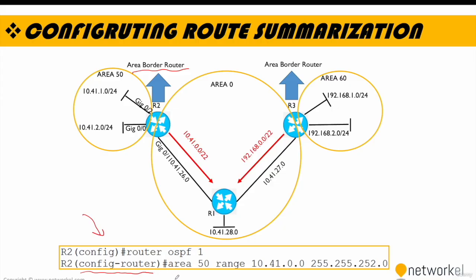And then what I am typing is, first of all, area and the area of the source routes. Area 50 this time is the source of the routes that I will summarize, right?